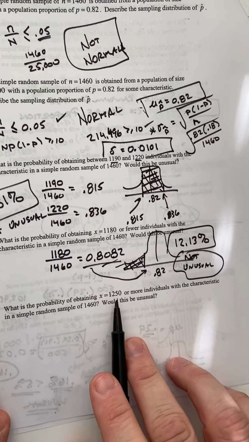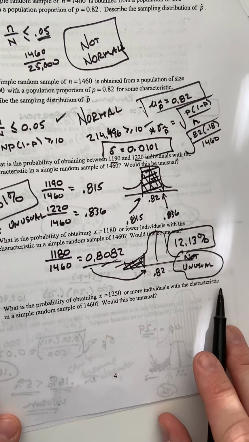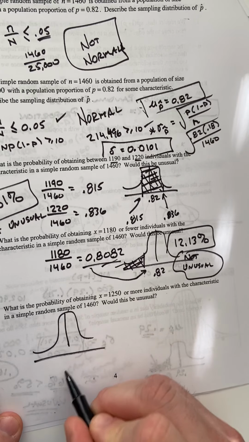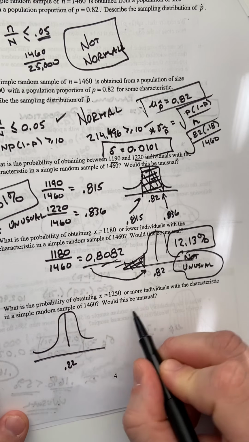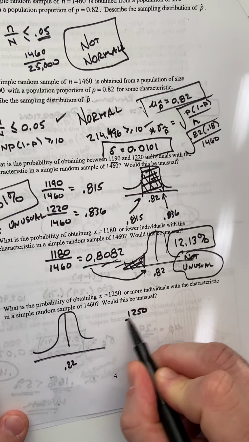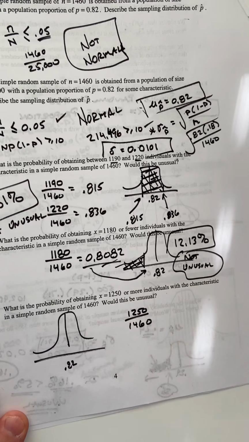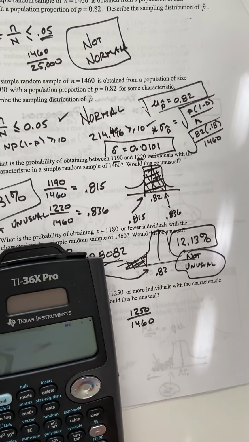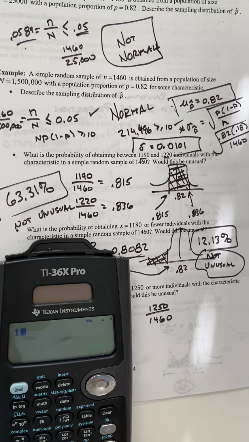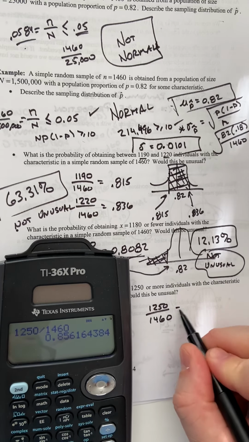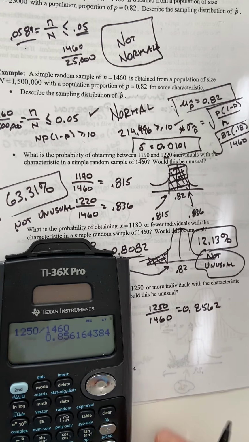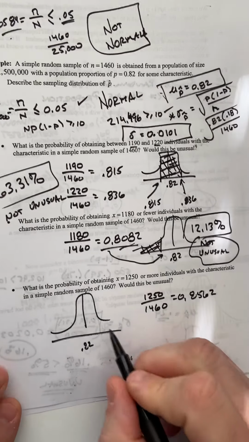What's the probability of obtaining 1250 or more? Let me just draw the picture. You guys can set this up. 1250 divided by 1460 is 0.8562.